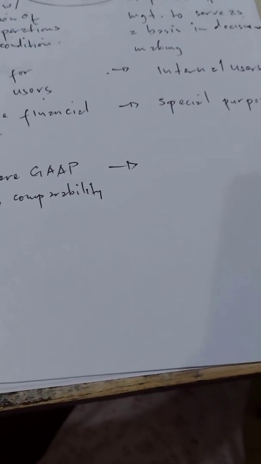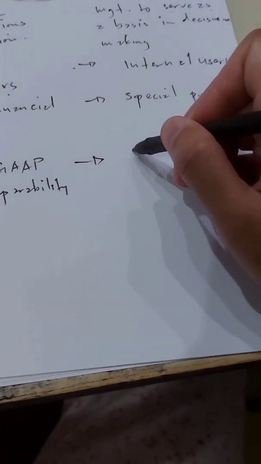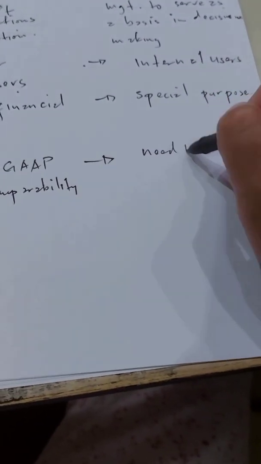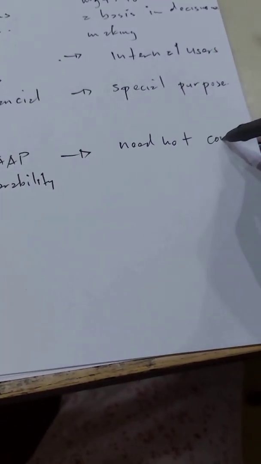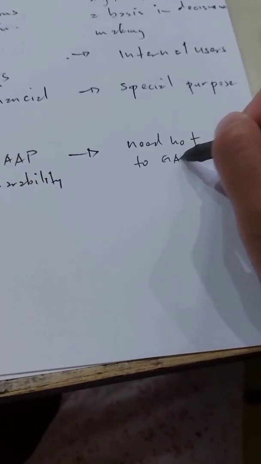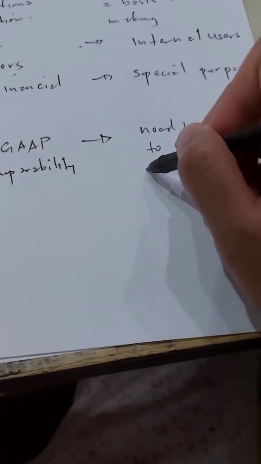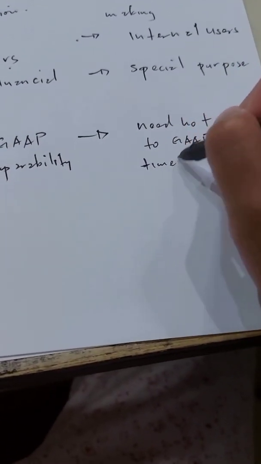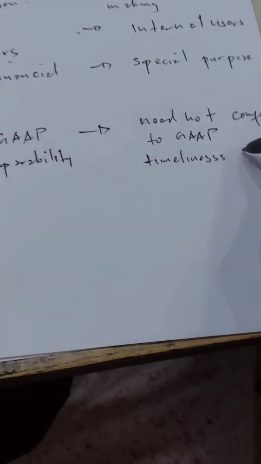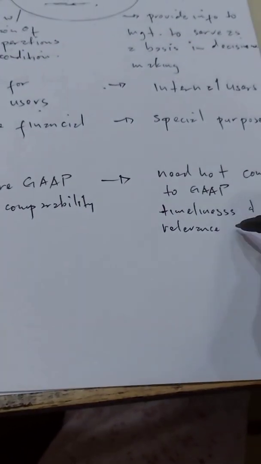While kapag management accounting, as to application of GAAP, management accounting need not conform to GAAP. Hindi kailangan magsunod sa GAAP kasi ang emphasis niya is on timeliness and relevance of the information.